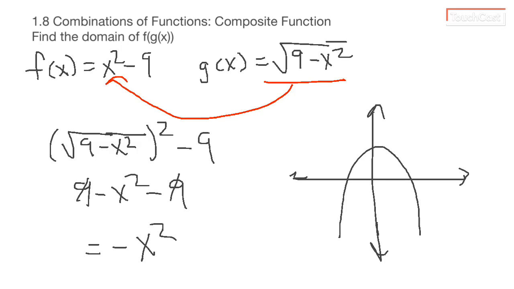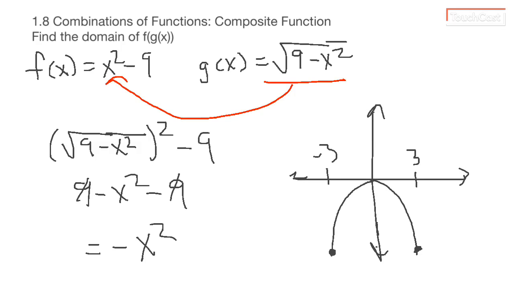Oh, whoops, nope, I graphed that wrong. It would roughly look like this, where it stops at this value. So right here we've got the origin. This value it stops at on the x is 3 and negative 3, and on the y we have negative 9.